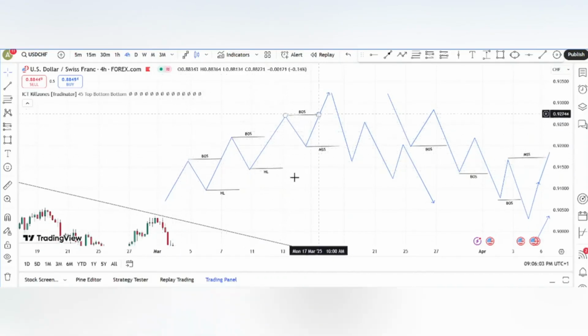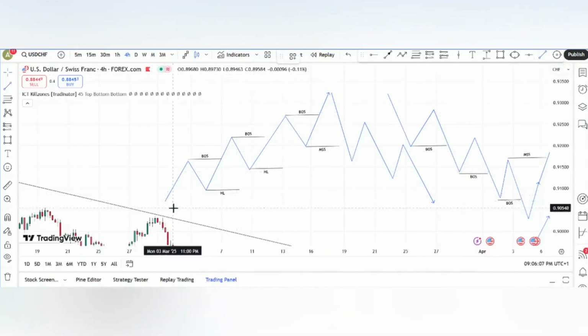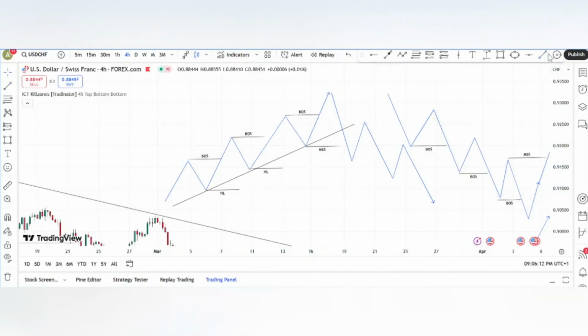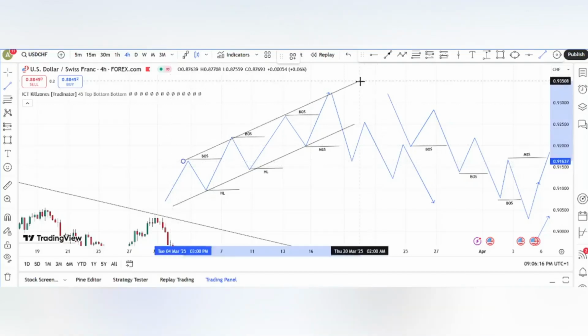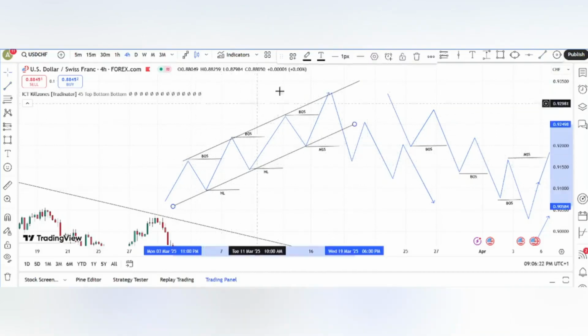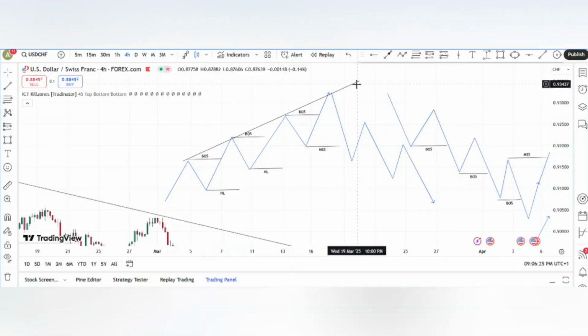This can even form a channel according to support and resistance, where this is the resistance and this is the support, but we are not talking about support and resistance now.